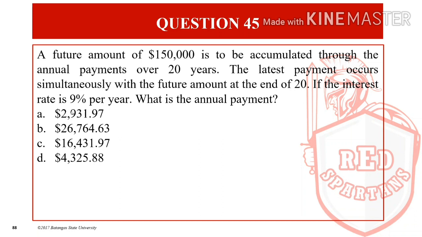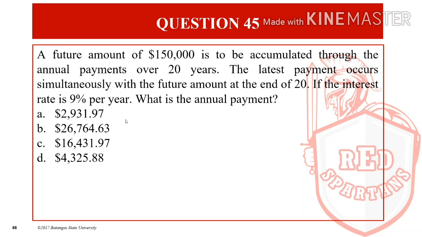Letter A, $2,931.97. B, $26,764.63. C, $16,431.97. And D, $4,325.88.